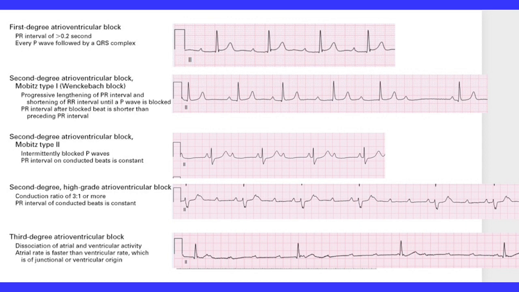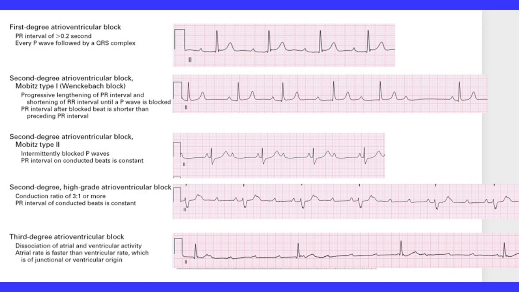The fourth strip is second degree or high grade atrioventricular block. The conduction ratio is more than 2:1, and the PR interval of the conducted beat is constant. If you notice, in some instances there are 3 P waves and in others there are only 2.